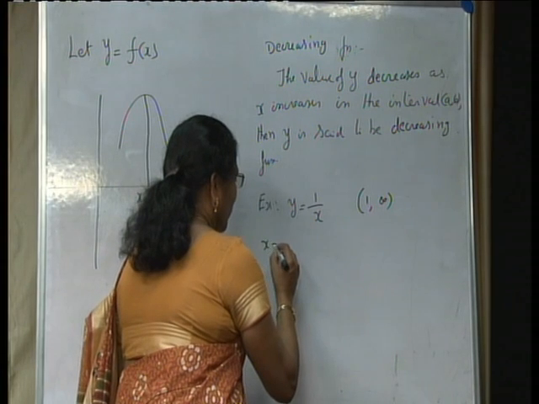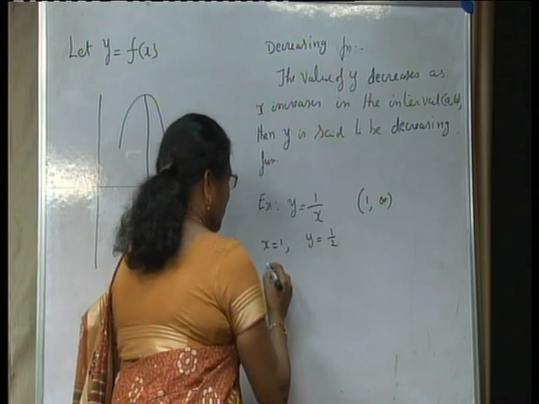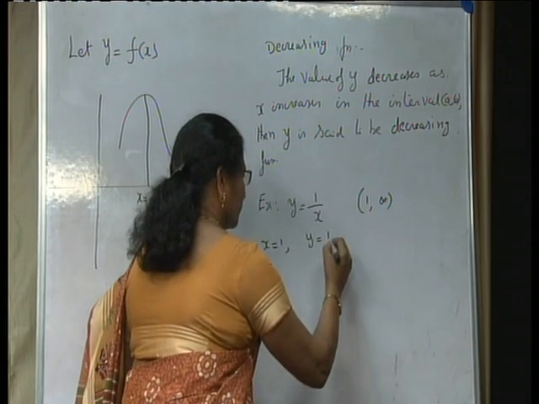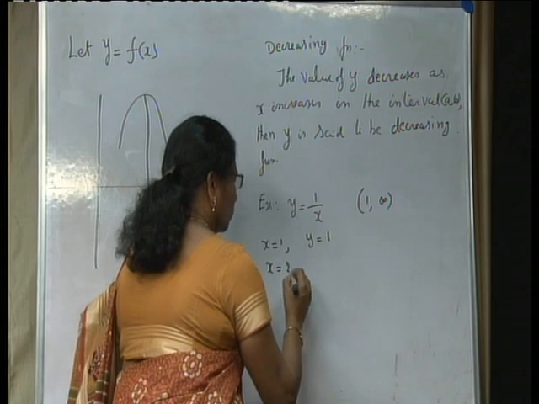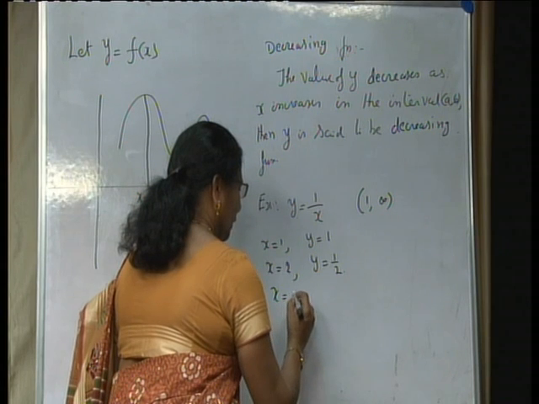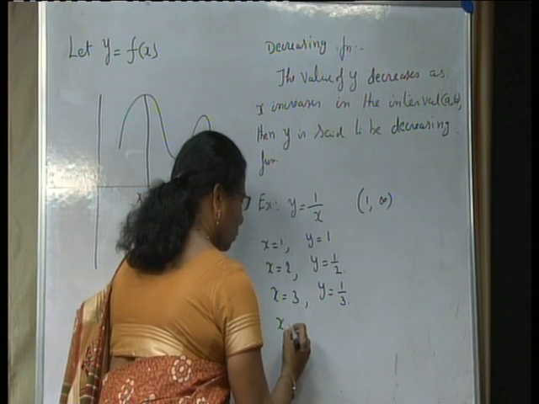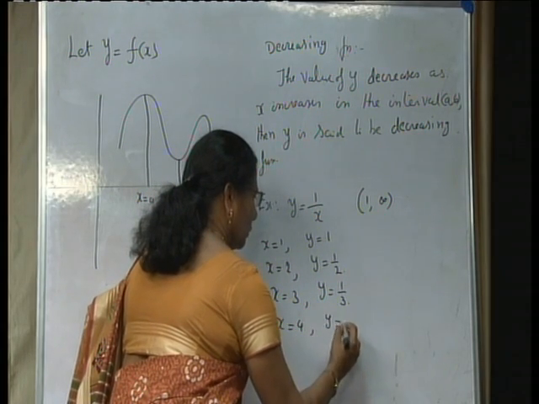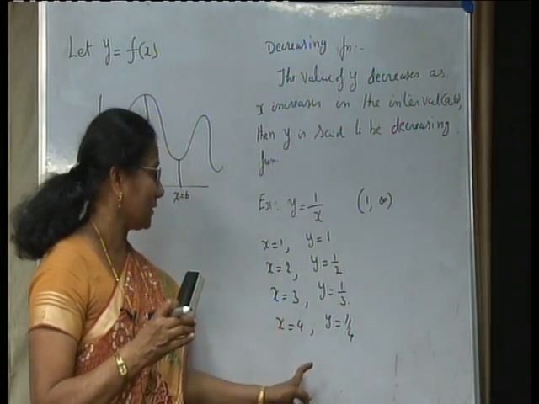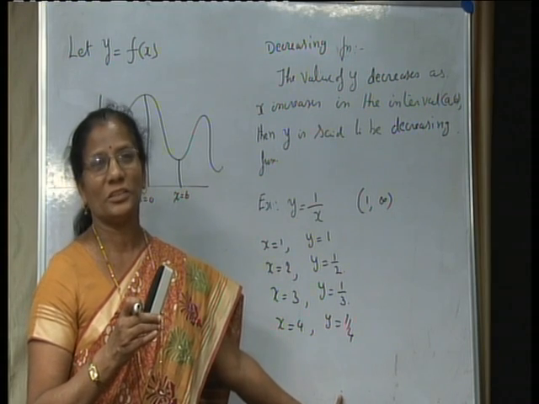When x is equal to 1, y is equal to 1; x is equal to 2, y is equal to half; x is equal to 3, y is equal to 1 by 3; x is equal to 4, y is equal to 1 by 4, and so on. So the x value increases but the y value decreases. This is called a decreasing function.